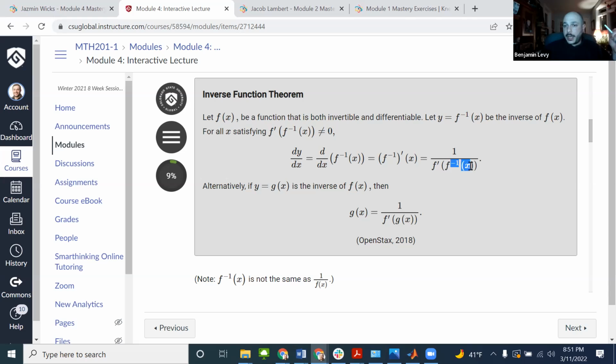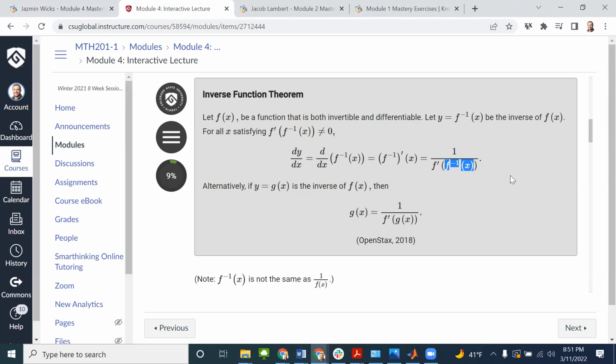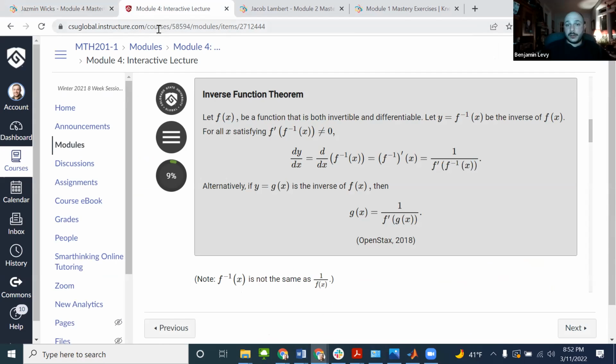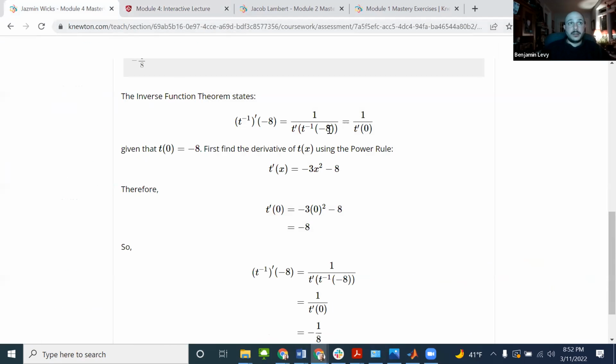Right. So right now what we have is this. We have the inside part. We have f inverse of 0, or was it 0, 8? I can't remember. f inverse of 8 equals 0. Right. Thank you. So this is the inverse function theorem, literally this right here with the 8 plugged in, right?